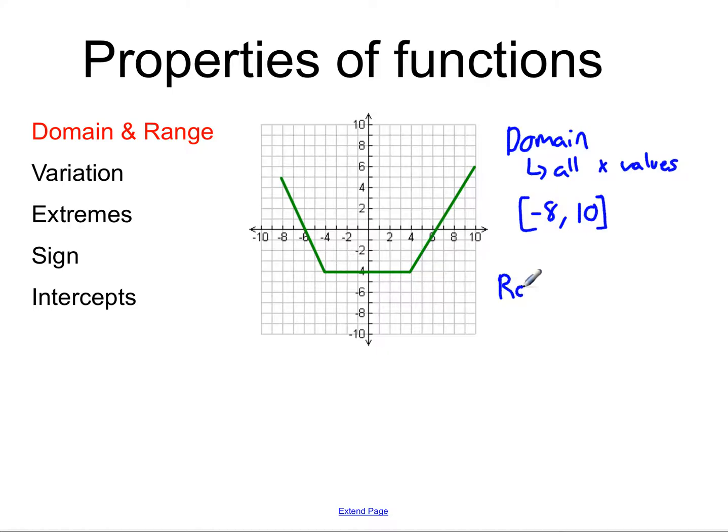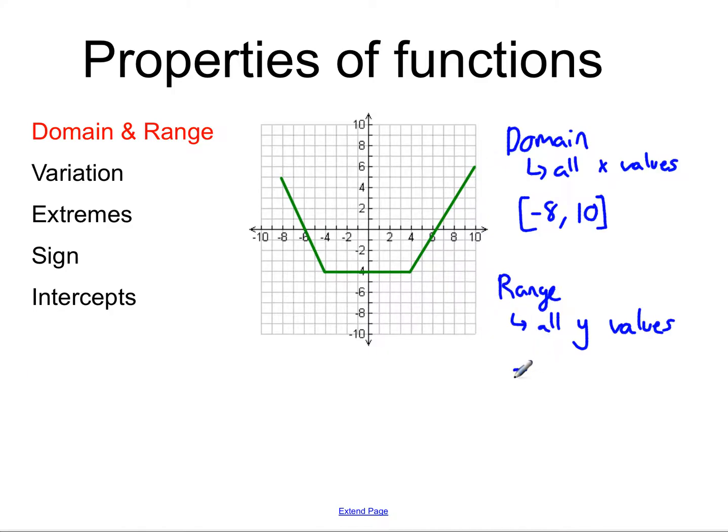Range is all the y values, all the dependent variables. So what range of values can you expect given this function? Well, it starts with the smallest y value to the greatest y value.